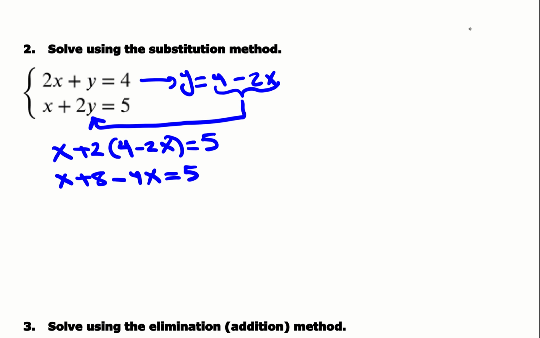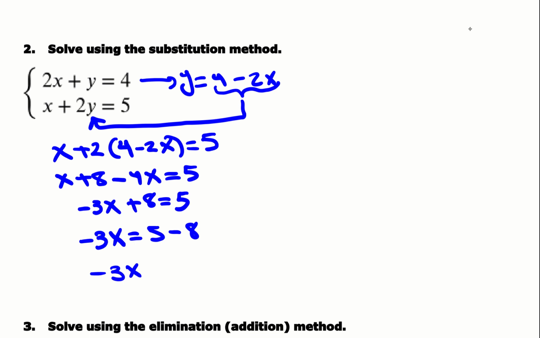Combining the terms on the left that are alike, we get negative 3x plus 8 equals 5. So we keep the negative 3x and move the 8 over to the other side. So we get 5 minus 8. So we get negative 3x equals negative 3. And if we divide both sides by negative 3, we get x equals 1.